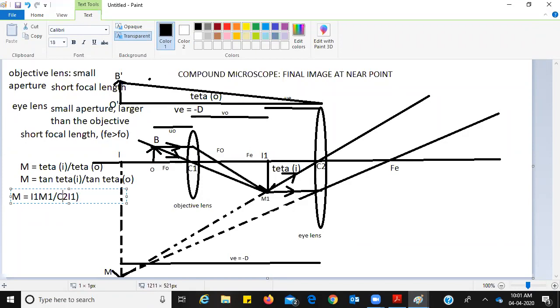Then tan theta O is B dash O dash, so you can take the reciprocal, right? Minus D, O dash C2, that is C2 O dash, right? Yes, sir. So it is O dash B dash.